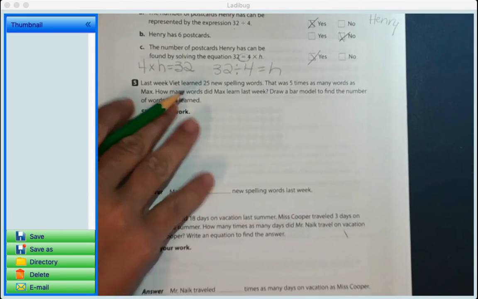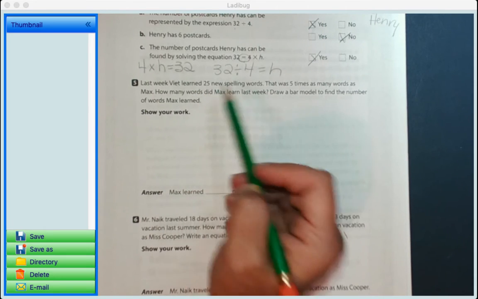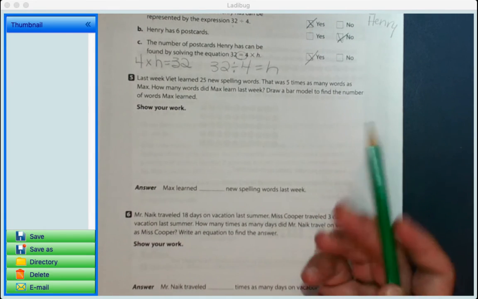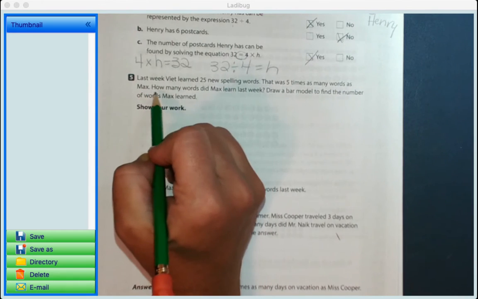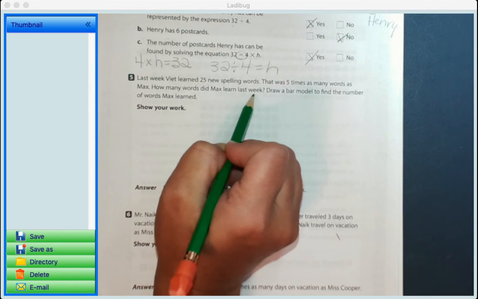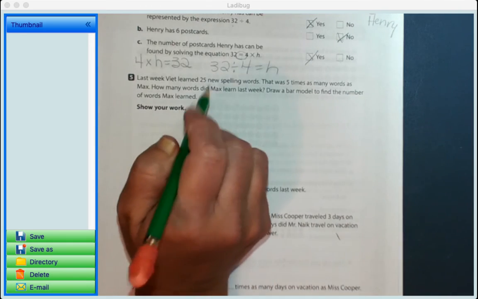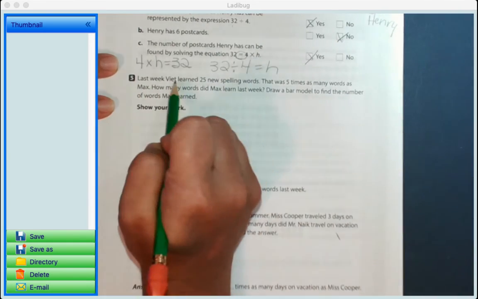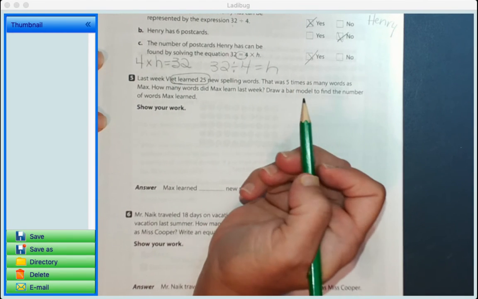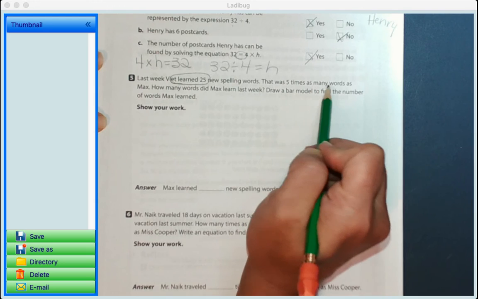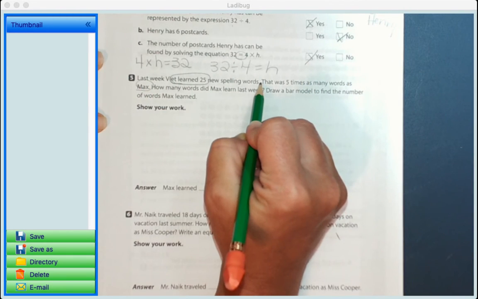Last week, Wyatt learned 25 new spelling words. That was 5 times as many words as Max. How many words did Max learn last week? Draw a bar model to find the number of words Max learned.